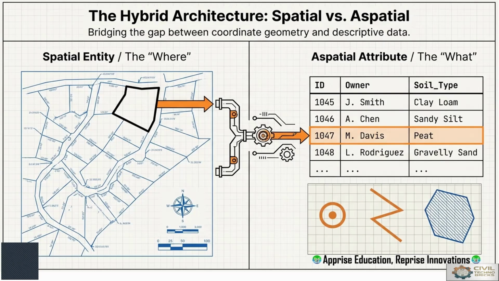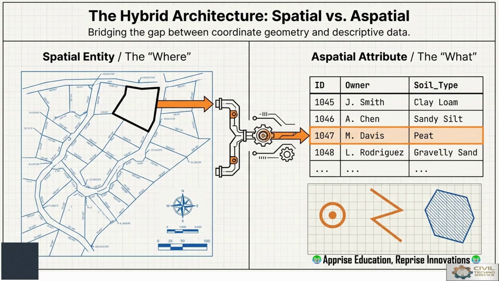So the hybrid architecture for spatial and non-spatial data is bridging the gap between coordinate geometry and descriptive data. So a spatial entity is dependent on positioning, we can ask where, so that we get the position, that is the coordinates, which is a spatial entity.